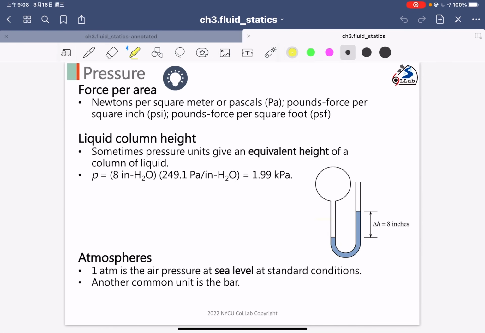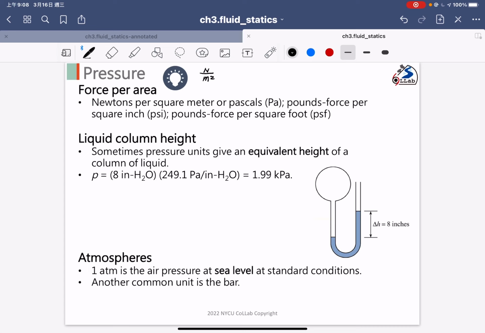Then for each chapter, if we introduce new parameters, we will introduce the unit of the parameter first. So every student knows that the unit for pressure is the force per acting area.